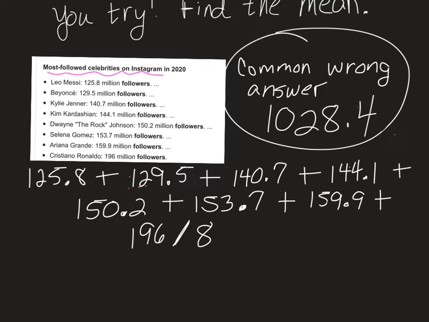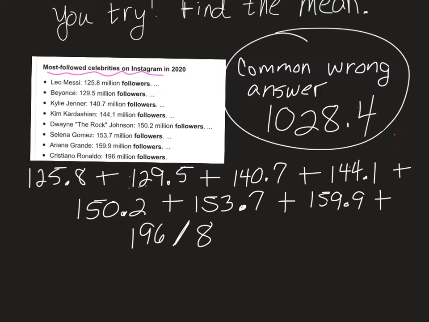It means that when you were putting it into the calculator, you typed it in like this. You added everything together, so you did like 100, and then the last one, 196. You didn't hit the equal sign. Instead, you just typed the division sign and then 8. And then what happens there is your calculator is smart. Your calculator knows to do order of operations.